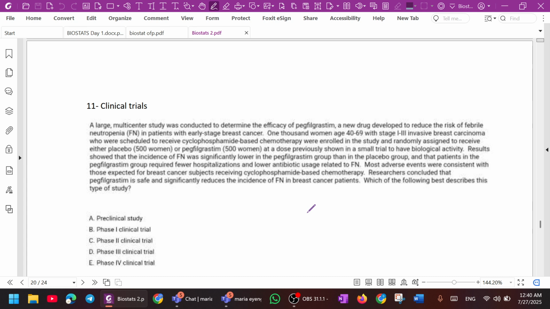Most adverse events were consistent with those expected for breast cancer subjects receiving cyclophosphamide-based chemotherapy. Researchers concluded that pegfilgrastim is safe and significantly reduces the incidence of febrile neutropenia in breast cancer patients. Which of the following best describes this type of study?